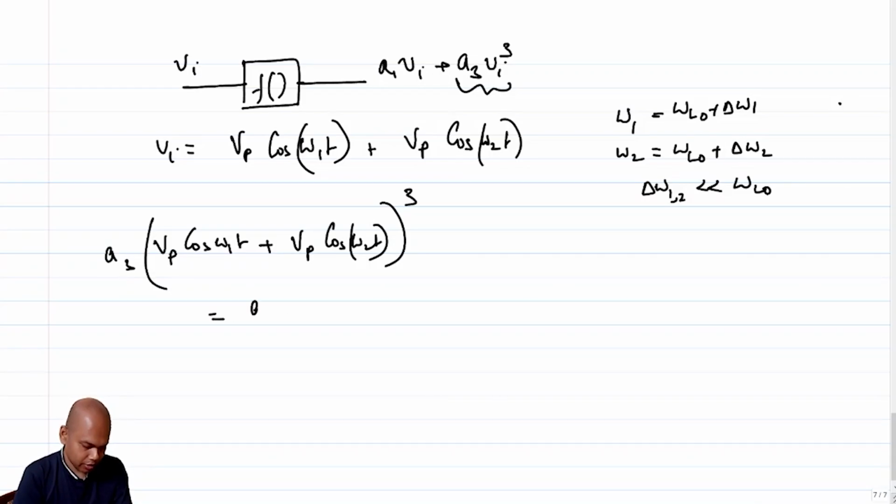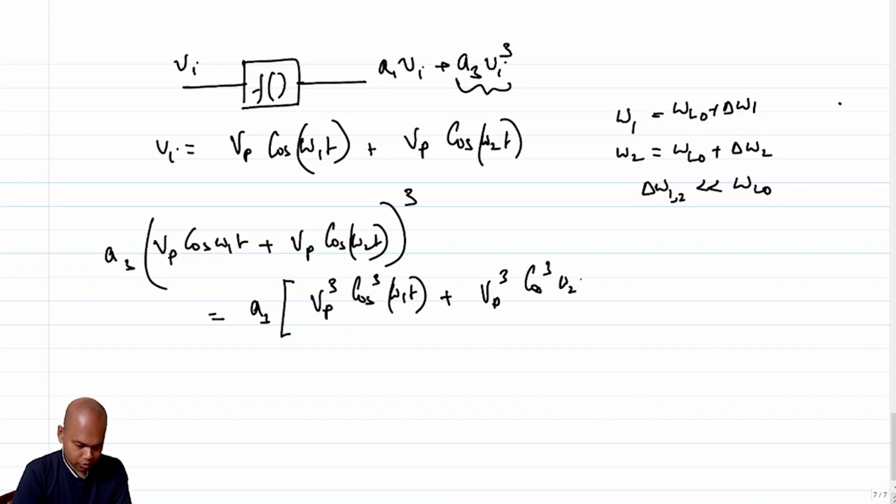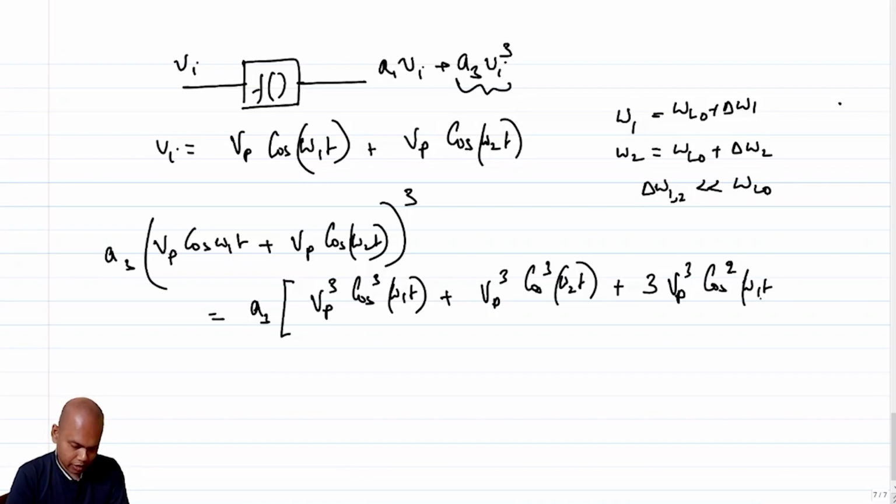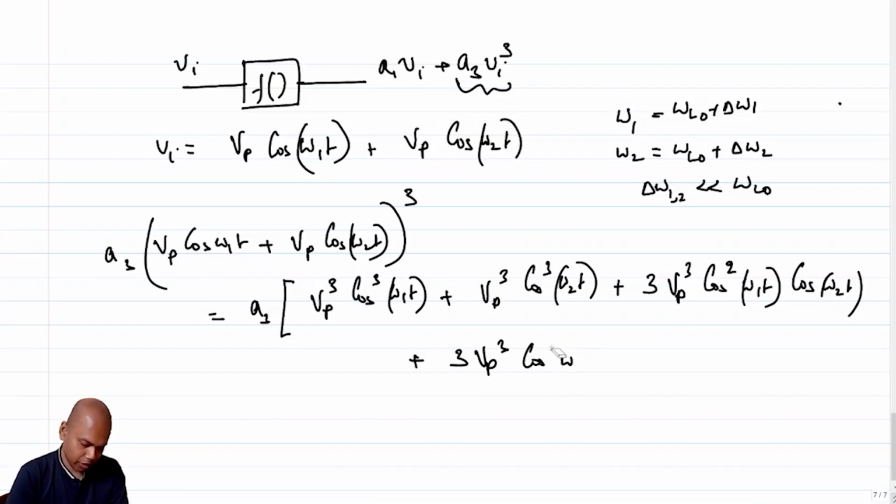So I am going to get the usual cubic terms, Vp cube cosine cube omega 1t plus Vp cube cosine cube omega 2t, plus I am going to get two interesting terms: 3 Vp cube cosine square omega 1t times cosine omega 2t, and another term, 3 Vp cube cosine omega 1t times cosine square omega 2t, right?